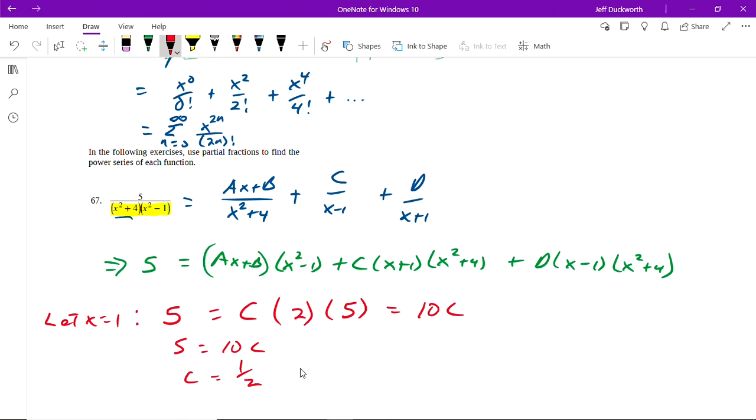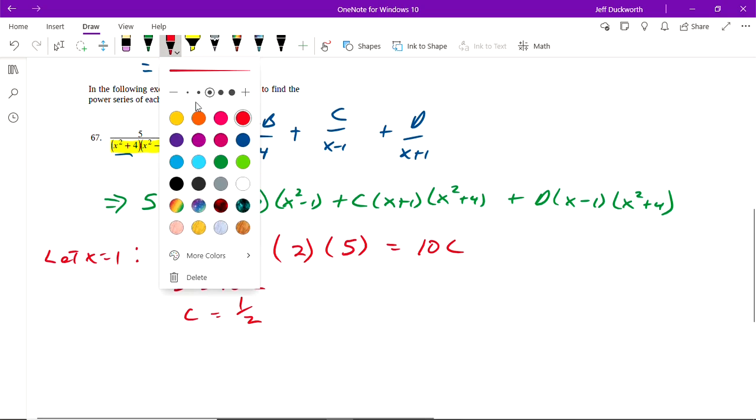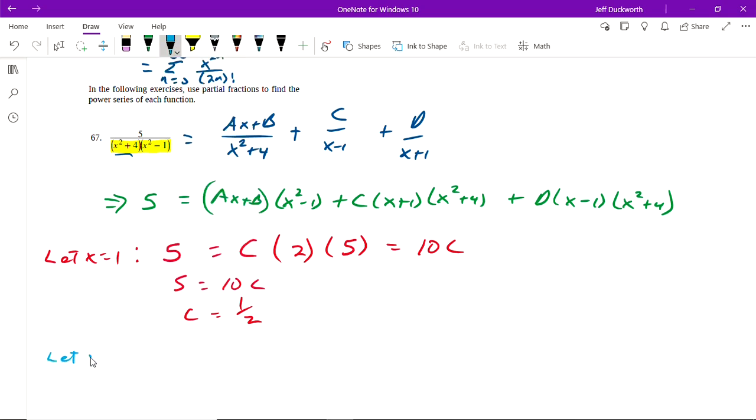Well, we can do a similar one here. Let's let x equal 1. So we do x equaling 1. Again, that x squared minus 1 is going to go away. Excuse me, x equals -1 is what I want. So for our first one, x squared minus 1 is going to go away because -1 squared is 1.